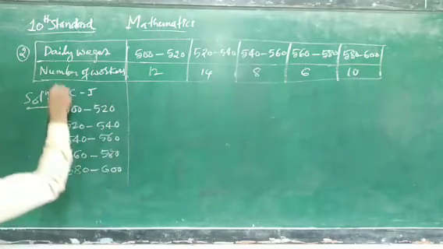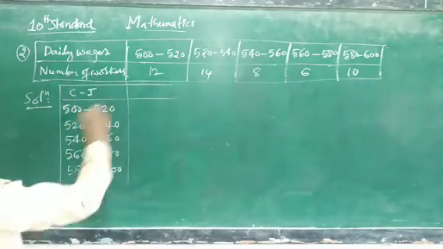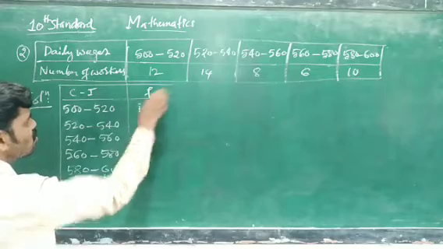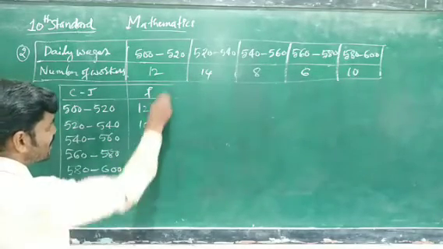So these are the daily wages. This is the class interval, and the frequencies are 12, 14, 8, 6, 10.